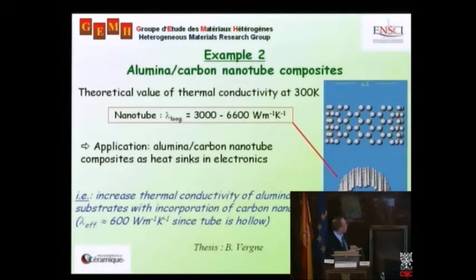Even if we reason that the center of the nanotube is missing, and correct the value a little bit for this empty space, this would give us an effective thermal conductivity of about 600 watts per meter per Kelvin. It's obviously interesting to try to incorporate these very highly conducting entities into an aluminum matrix if we want to improve the heat sinking characteristics of a substrate.